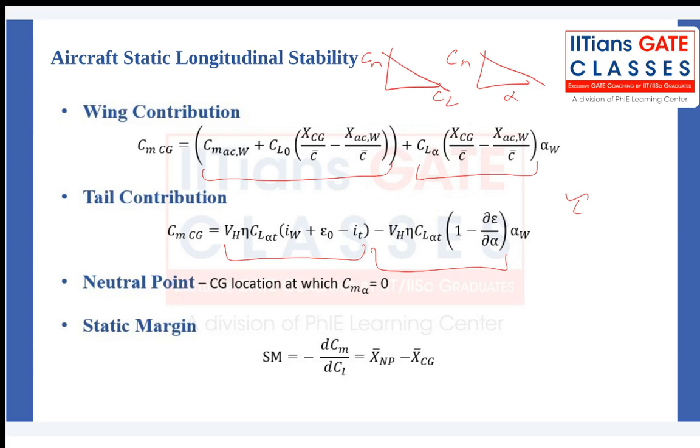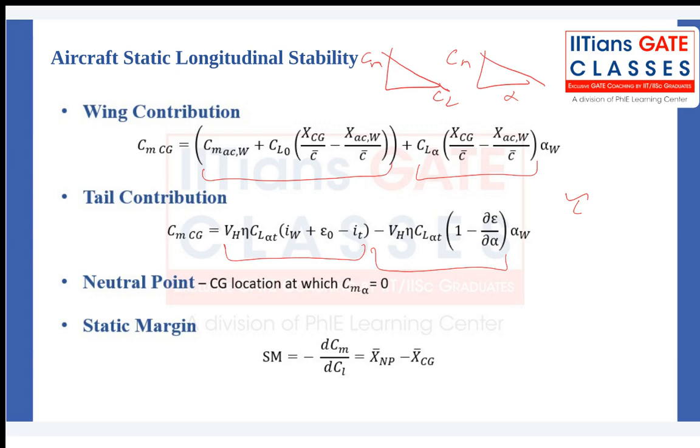Elevator deflection changes CM naught, so I thought we need to include. Okay, so elevator deflection changes CM naught. Okay, that way. Let me just think about it. Okay, so elevator deflection changes the CM versus CL graph CM naught.